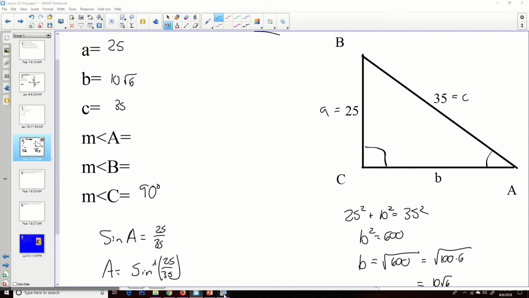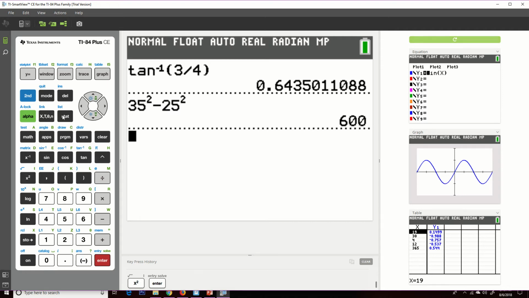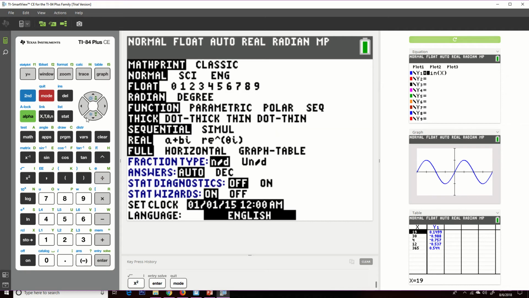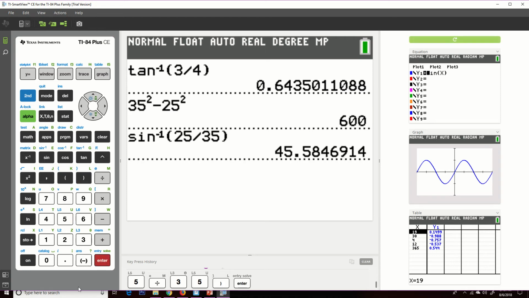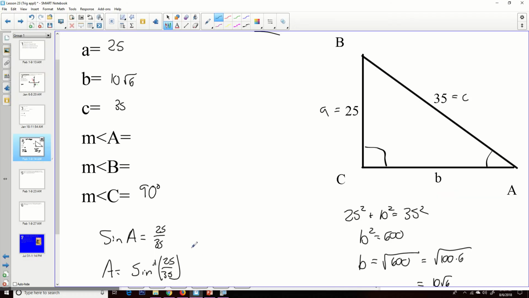And we can go right to our graphing calculator. Since we're talking degrees here, we should probably check the mode and change that to degree, and we'll quit. So second, arcsine 25 divided by 35, hit enter, and we have 45.585 degrees.